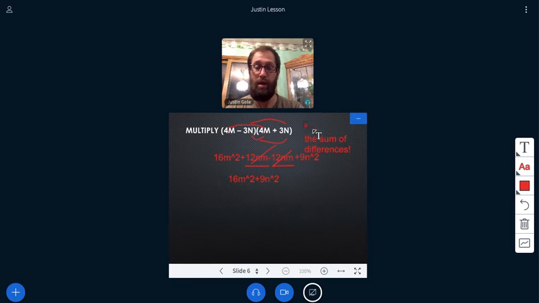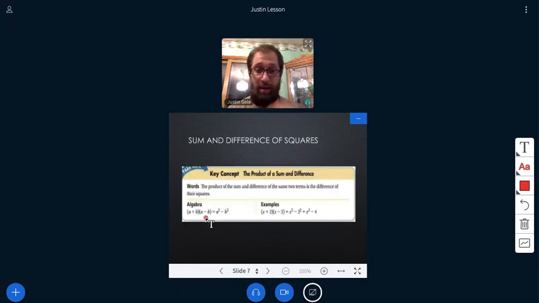So it's the product of a sum and a difference. We're always going to see, when we see a plus b times a minus b, so anything plus the same thing times anything minus the same thing, you're just going to get the first term squared, a squared, minus b squared.